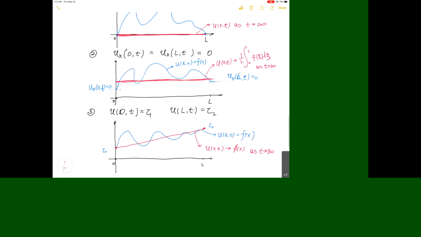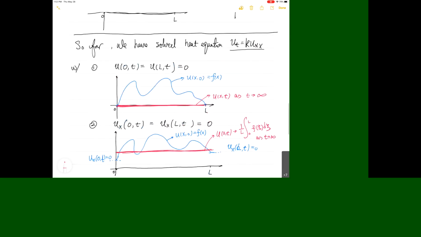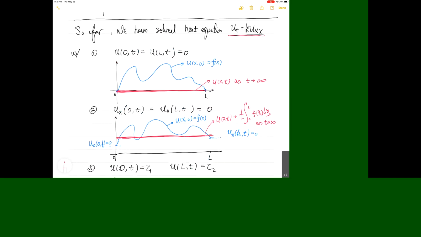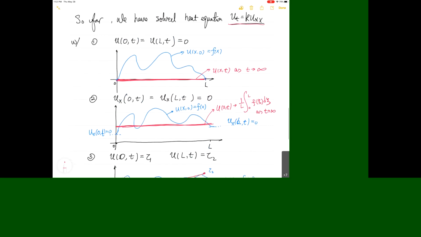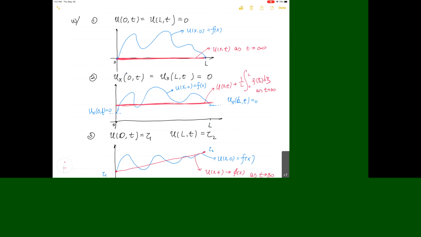All right, so look at the three pictures. In the three situations, the PDE is the same. The heat equation is the same, and the initial condition could be the same. What's different is the ending point, the situation when t goes to infinity. In the first case, the solution goes to 0. In the second case, the solution goes to a constant, and it's not an arbitrary constant.